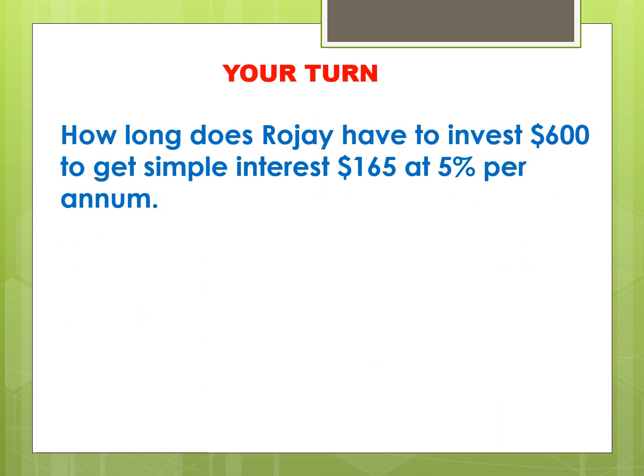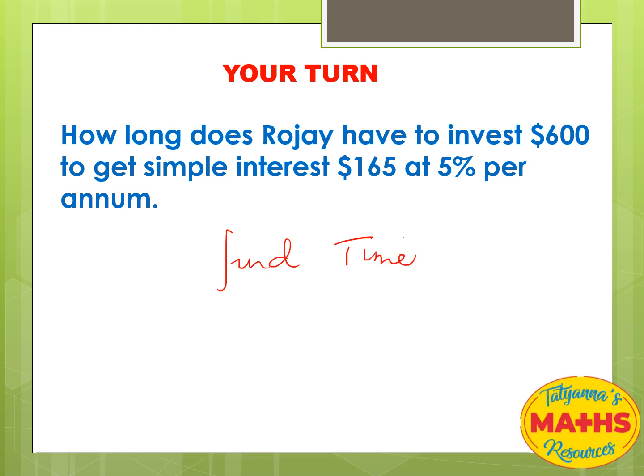It's your turn now. How long does Roger have to invest $600 to get simple interest $165 at 5% per annum? So here you're trying to find T, the time. And here's another one.